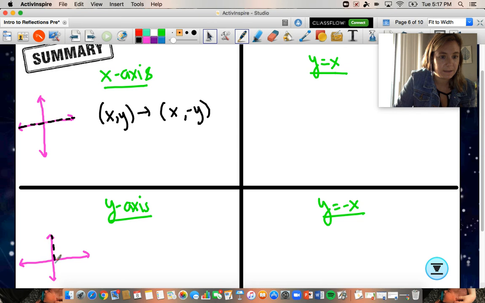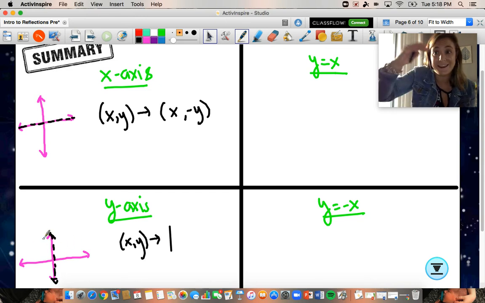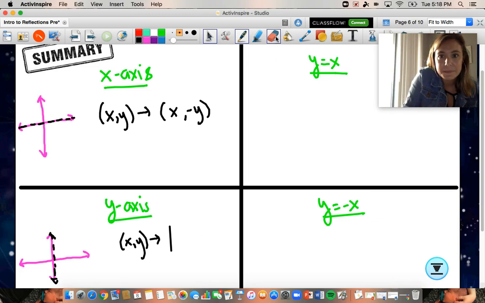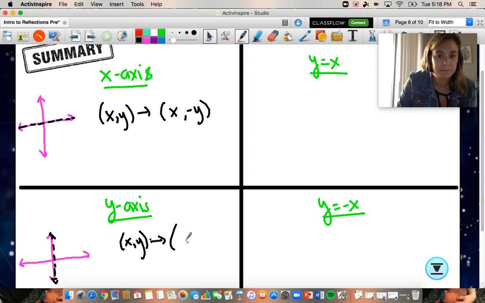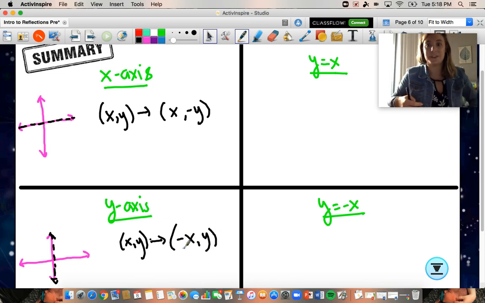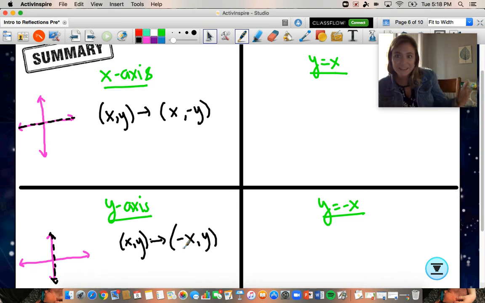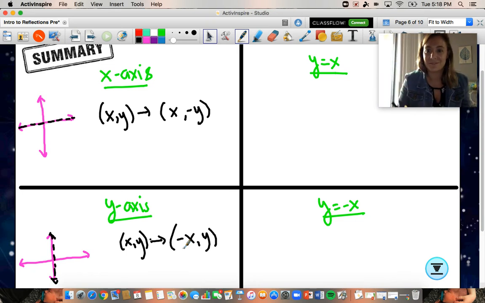I'm going to put a dotted line here. Here's my y-axis. xy becomes, think about when you reflect over that, your x value is going to change, but your height isn't, your y is not. It becomes x opposite and y stays the same. I keep saying opposite because if it was positive, it becomes negative, and negative becomes positive.